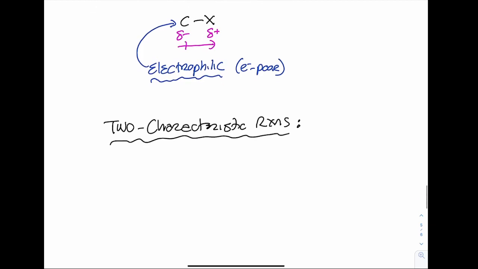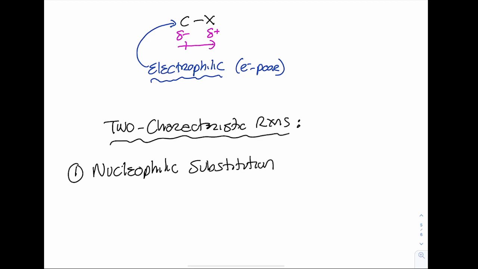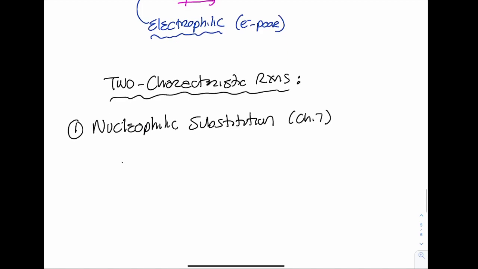So first one, substitution. And that's going to be the primary focus of this chapter. So we're going to learn about alkyl halides, and then the rest of the chapter will really be on nucleophilic substitution reactions. So we're going to have our alkyl halide.